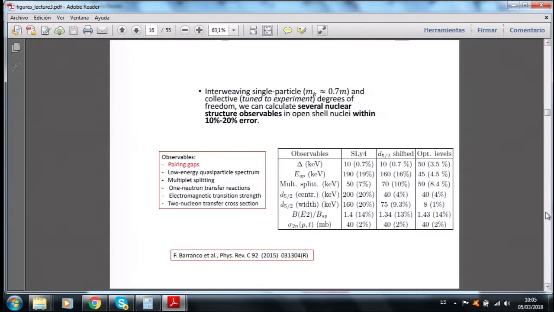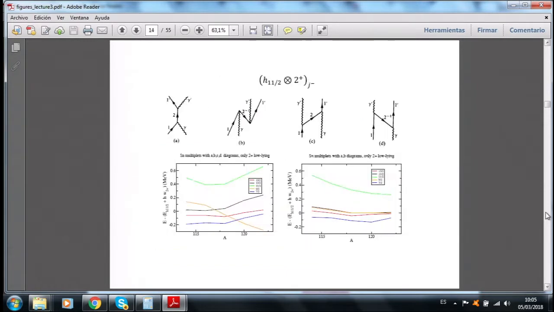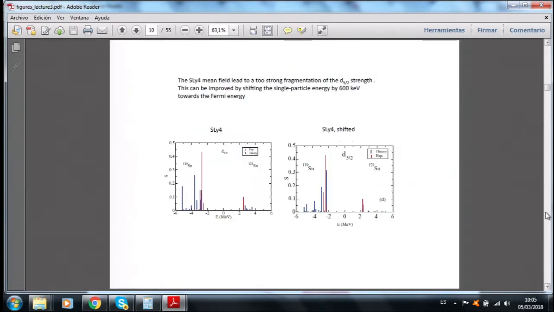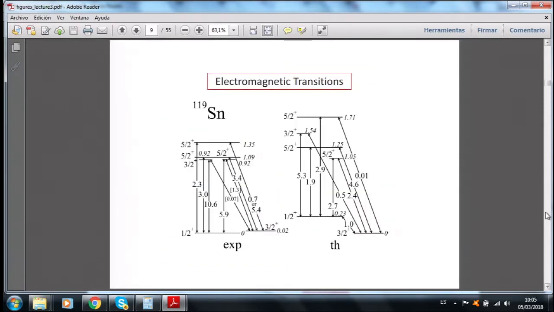Well, B2 are the quadrupole transitions that I have skipped, but I can show you. I just flash it. If you go to the experiment for tin-119, in the low energy spectra you find the quadrupole transitions between different states.